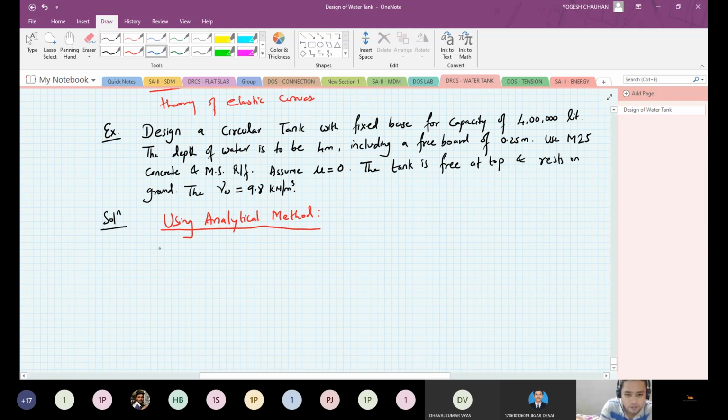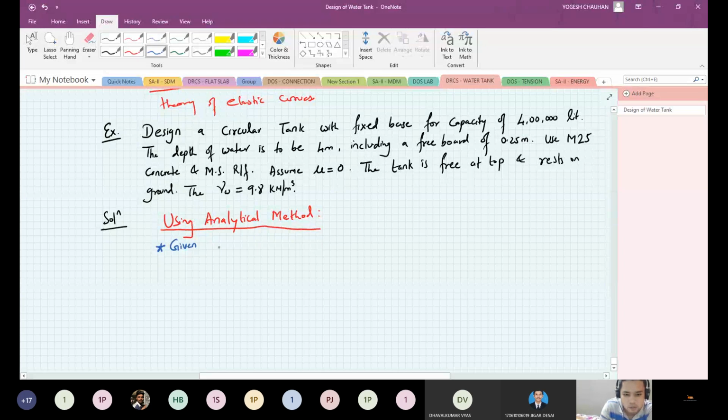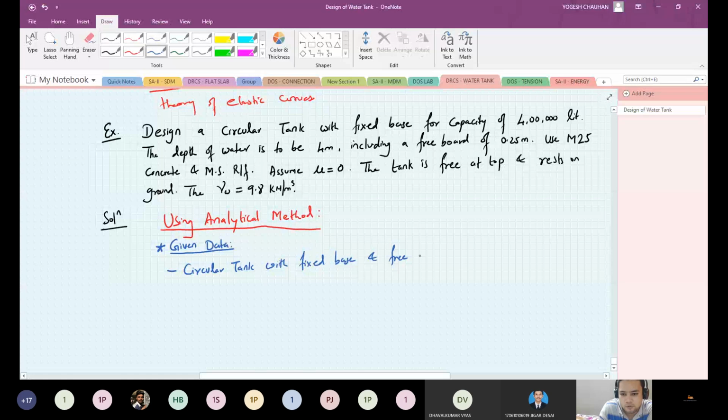So here given data, you have been given a circular tank with fixed base and free at top.